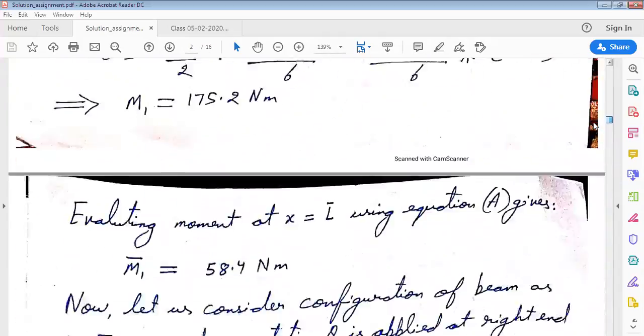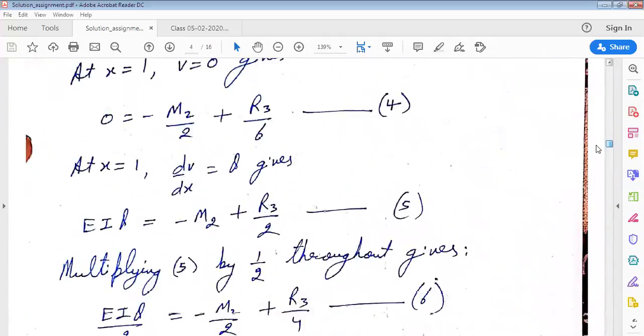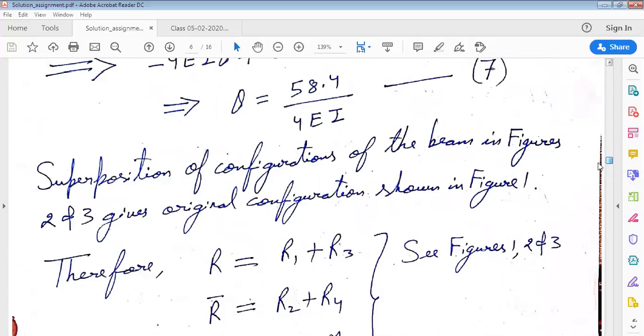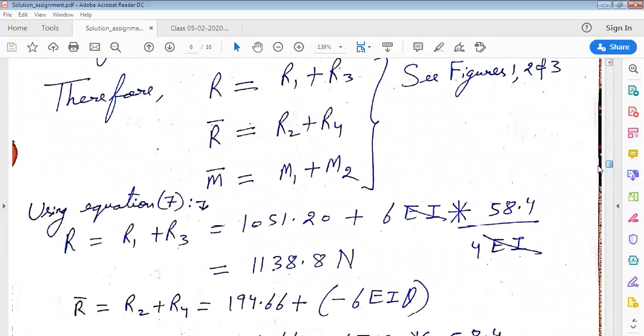So we can write now R is equal to R1 plus R3, R bar equal to R2 plus R4, M bar equal to M1 plus M2, where R bar and M bar are reactions of the original beam, and R1, R3, R2, R4, M1, M2 are the reactions of the two configurations which we just discussed, and these two combinations when superimposed give the original configuration.